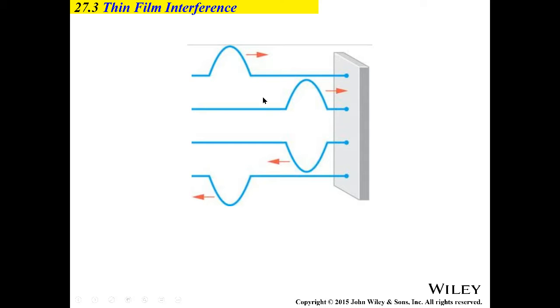And therefore, when you have light coming this way, the reflected ray and the incident ray will cancel each other so that there is no electric field near the boundary. So there is a 180 degree phase change when you go from a less dense to a more dense medium.